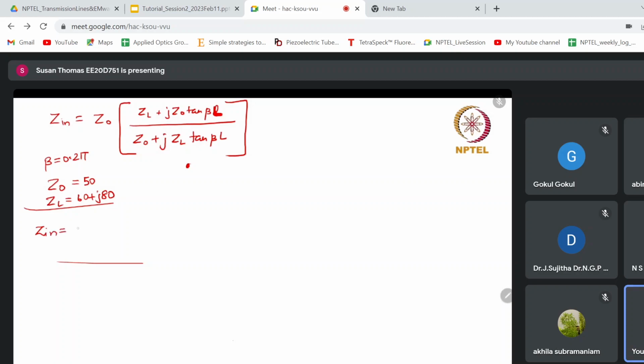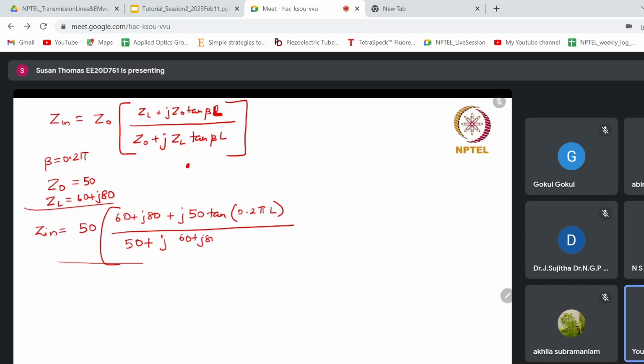So Zin is equal to 50 into 60 plus j80 plus j50 tan of beta L. So beta we already know, 0.2 pi into L, divided by 50 plus j, ZL is 60 plus j80, into tan 0.2 pi L. So this is the expression for Zin.